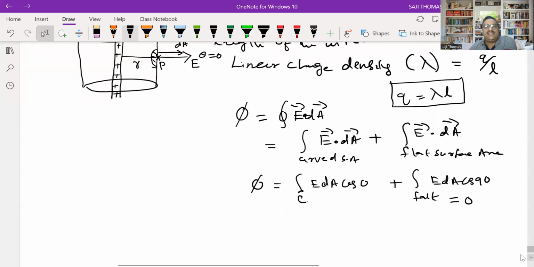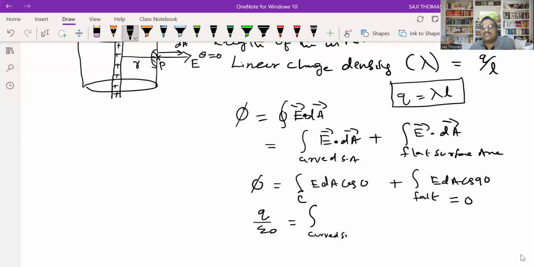Now we can write, by Gauss's law, phi is equal to Q by epsilon 0. So Q by epsilon 0 equals integral over the curved surface E dA. E is constant, so E into integral dA. What is this integral dA? It means the total curved surface area of the cylinder.